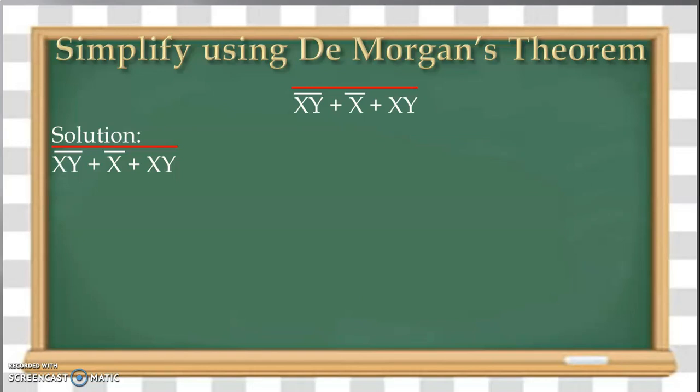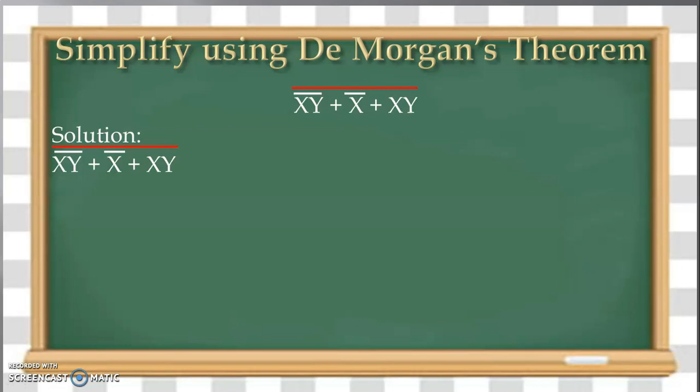So now the red bar, that is a whole bar, we are not doing anything for the whole bar, but for the xy the bar is given. So if we apply De Morgan's theorem to the first pair, now this first pair is known as a complement of the product.